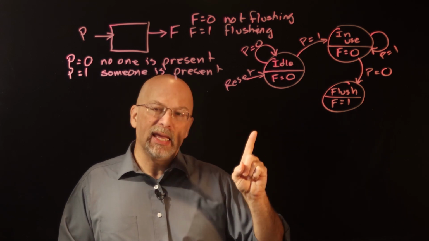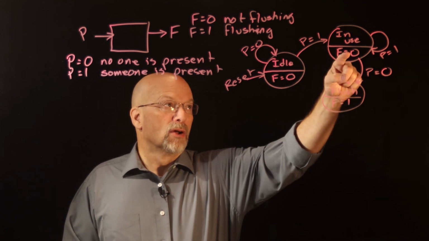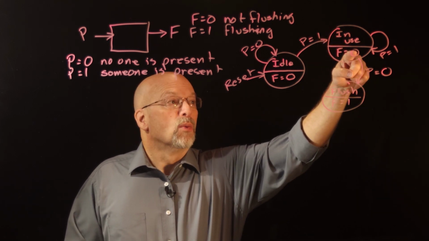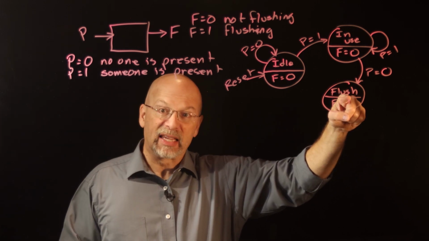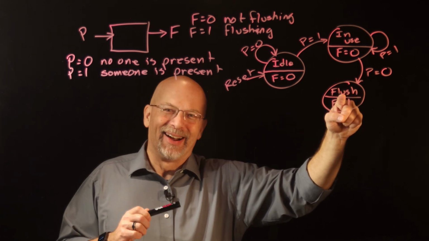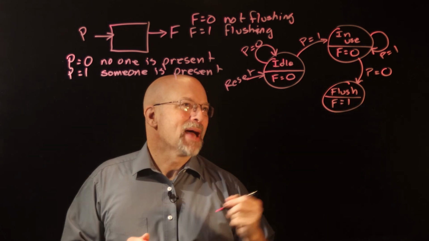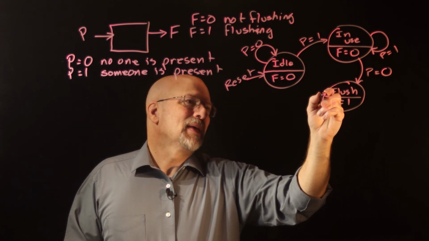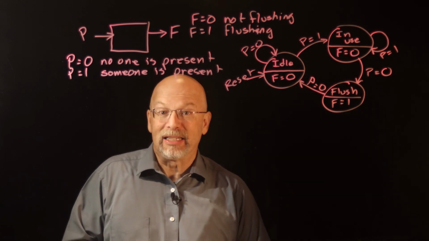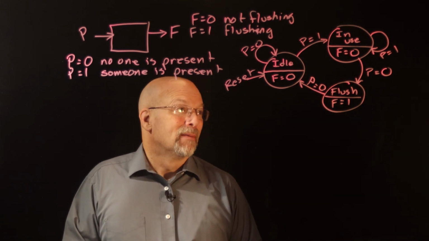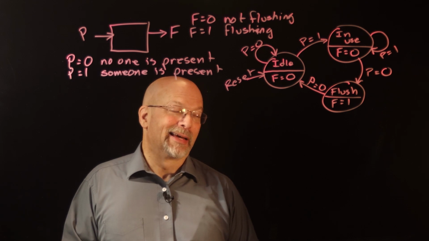So if P equals 0, that means it was in use, we came to flush, and P equals 0 says nobody's come back yet. There's not a line. And so if nobody's come back, we should probably just go back to idle, waiting to be used, right? But assume there's a line.